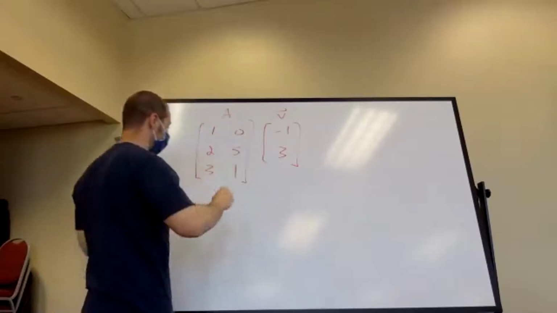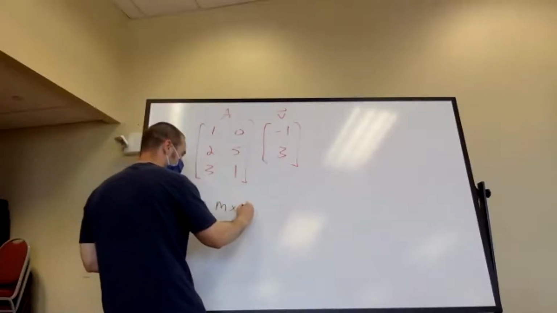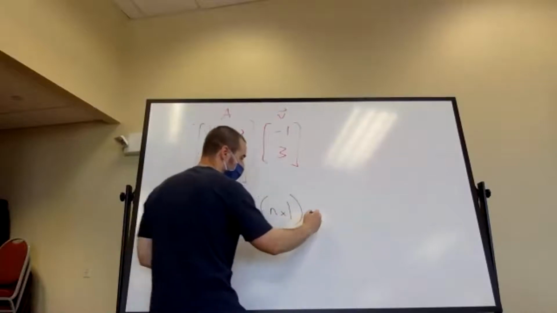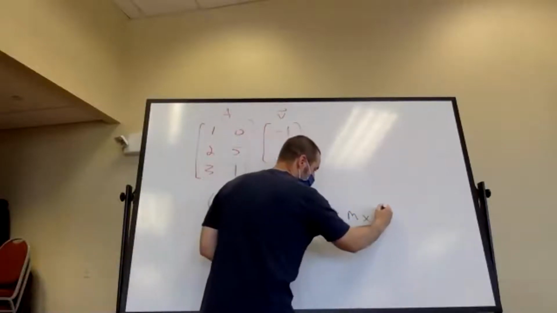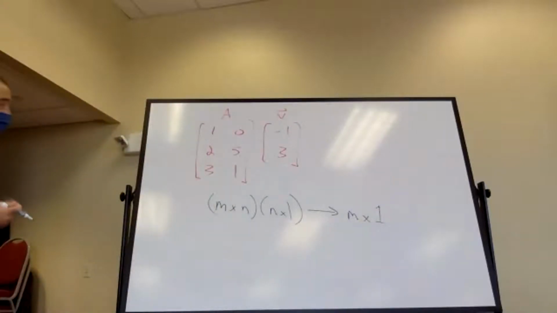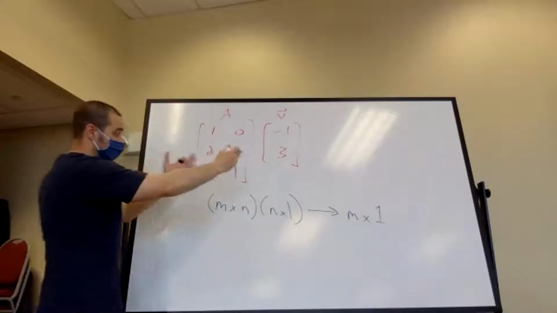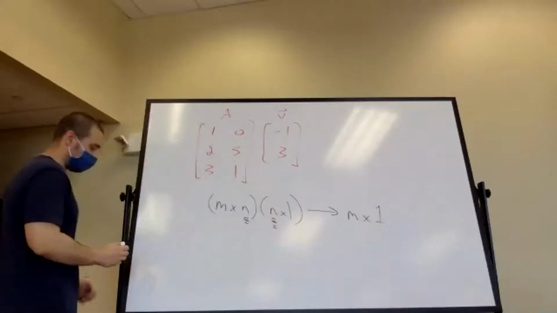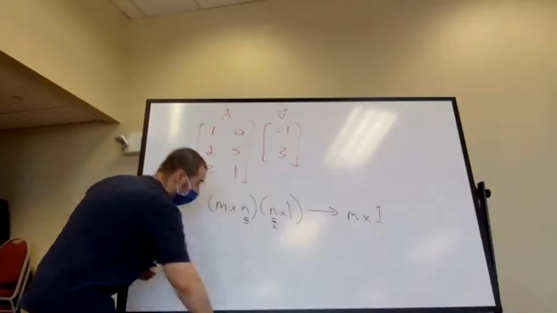When you multiply like this, when you do m by n times n by 1, the result is something m by 1. So to multiply a matrix by a vector, again, you need a match here. And then what's going to pop out is going to be another vector.